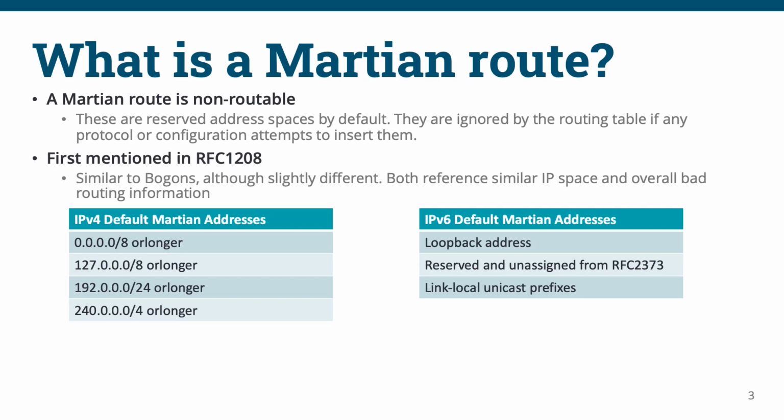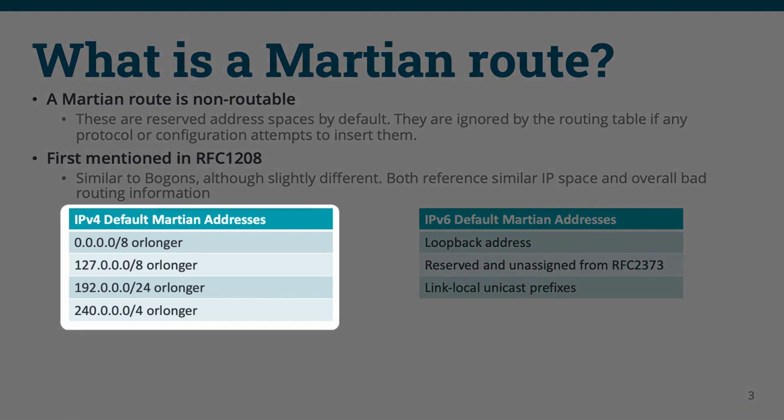In Junos, several address spaces are configured as Martians by default. These are shown in this table. Each of these are reserved address spaces and are all defined in RFC 3330 if you're interested to get more information.